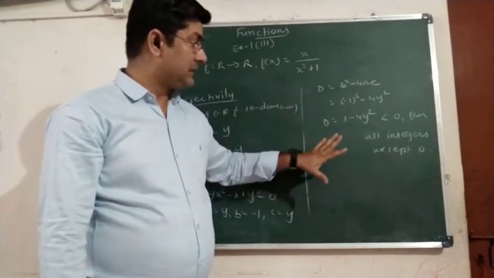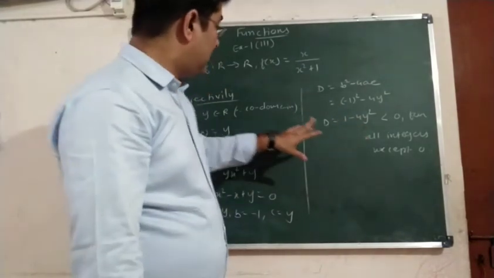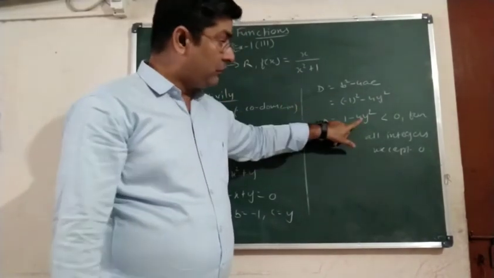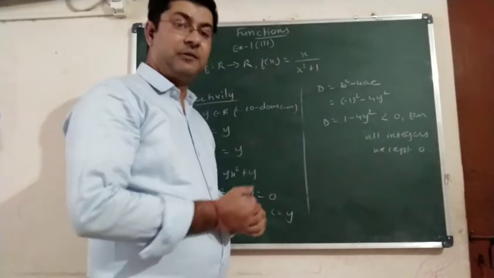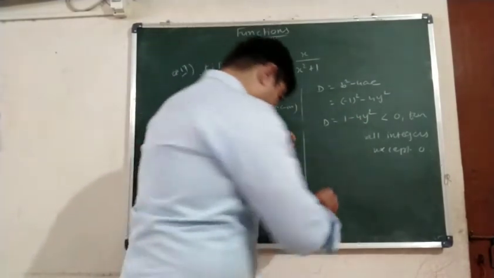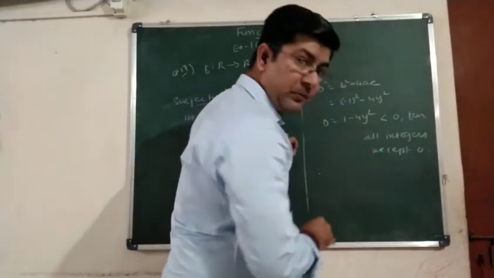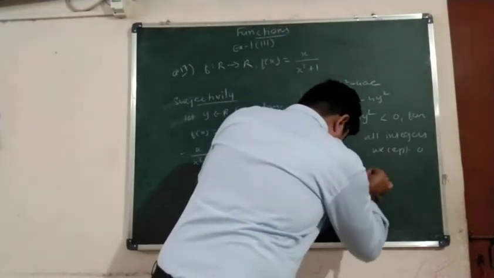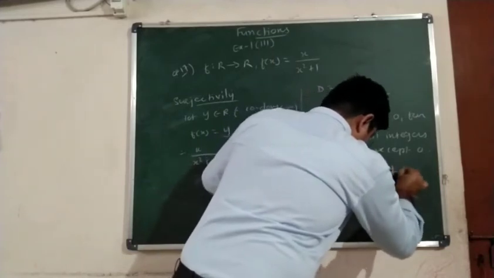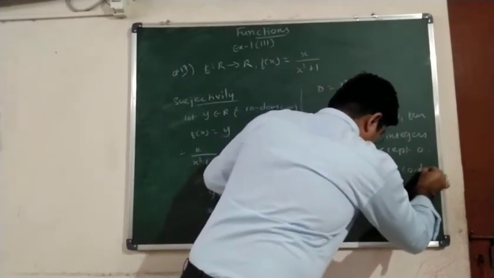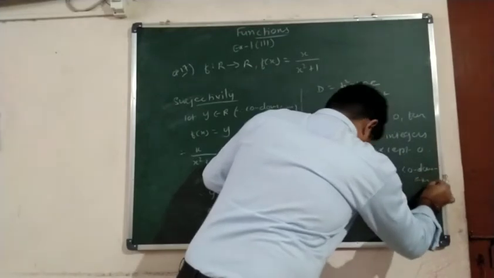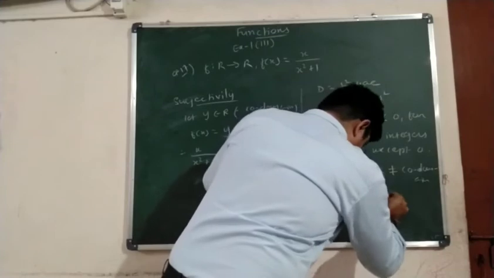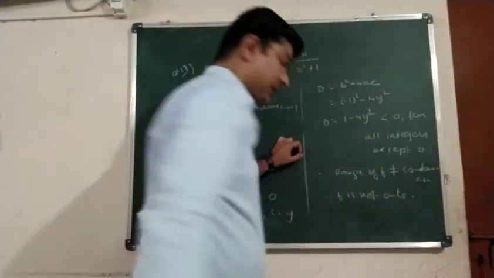So it simply means that you don't have real images for the positive or negative integers. Clear? And therefore the codomain and range will be different, and therefore the range of f is not equal to its codomain, and therefore f is not onto, or it is not surjective.